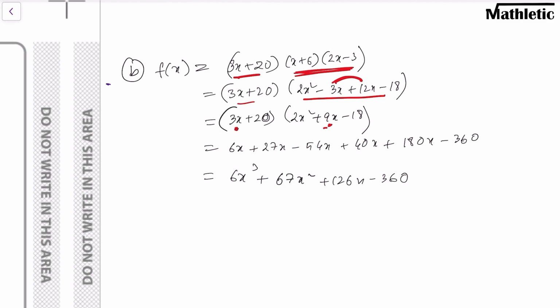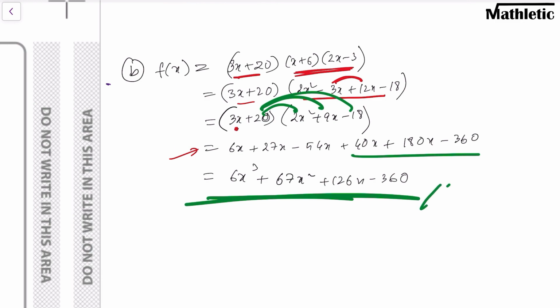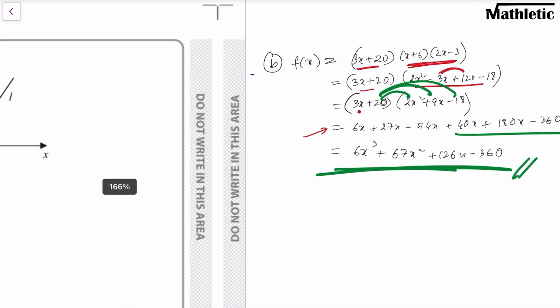In this line you just need to simplify it. When you multiply these terms with 3, you get this part, and then when you multiply 20 with this 3, you get this part, and after simplifying this, you will get the final result of f of x. That's the equation of f of x.